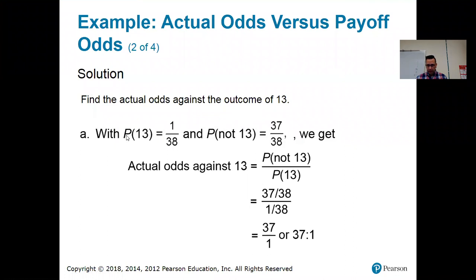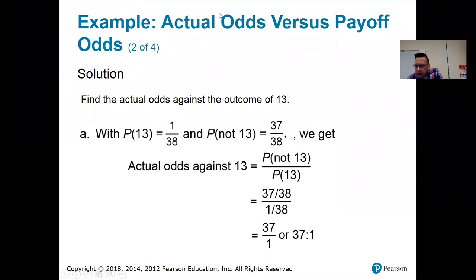We know that the probability of getting the number 13 is 1 out of 38, which means the probability of getting anything else is 37 out of 38, right? There are 37 other numbers. So the actual odds against 13 would be the probability of not 13, which is 37 out of 38, divided by the probability of 13, which is 1 out of 38.